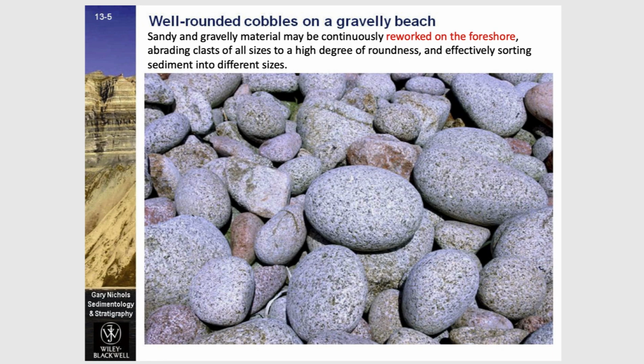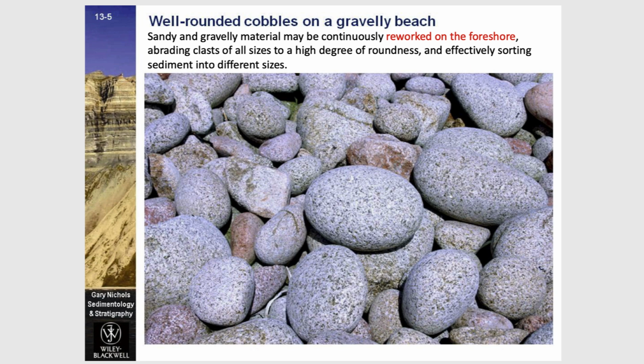In this example, you see some of the cobbles that we find on the gravelly beaches. These have clearly a granitic composition and have been extensively reworked. So the foreshore is a good environment where you will find quite a bit of rounding of the clasts, and you can find really coarser fractions.